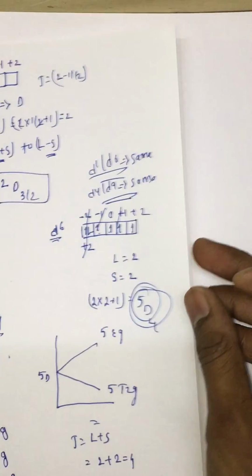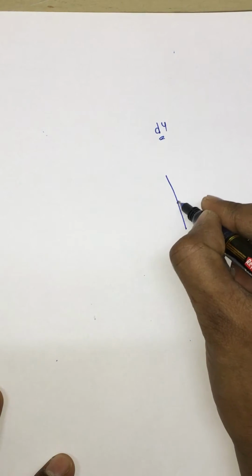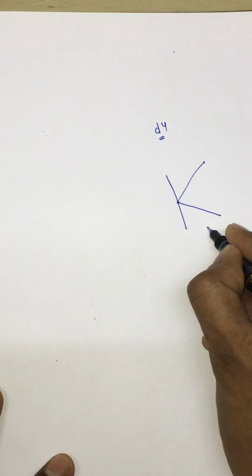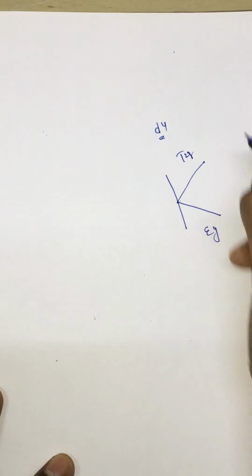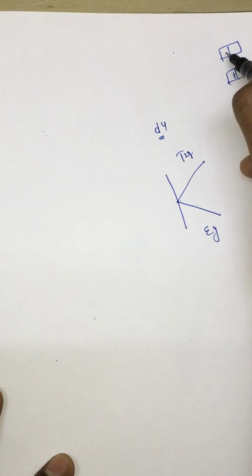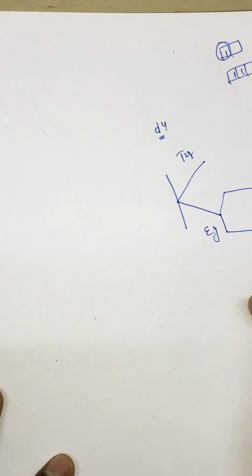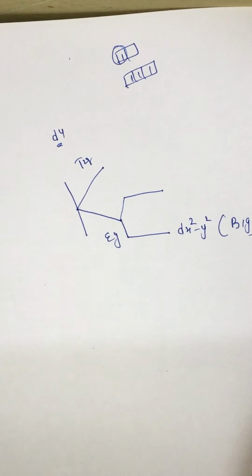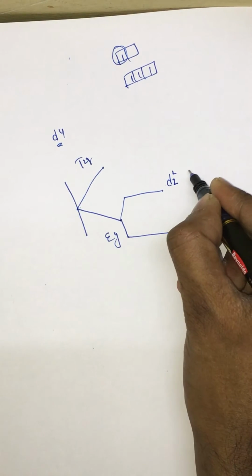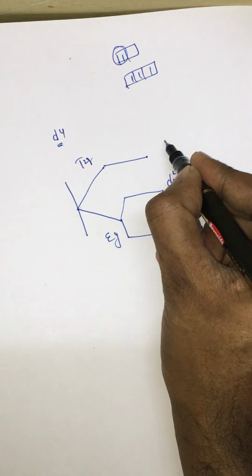So when we have a d4 configuration, this is Eg and this is T2g. Since Eg is unsymmetrically filled, it further splits into two energy terms: dx square minus y square, whose Mulliken symbol will be B1g, and dz square, whose Mulliken symbol will be A1g, and this will be T2g.